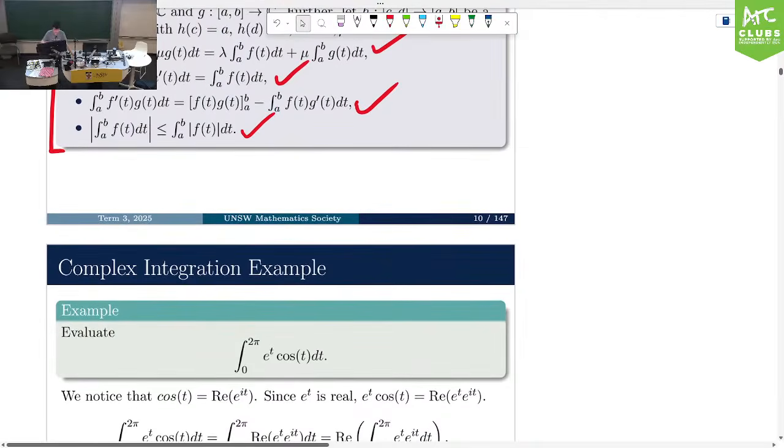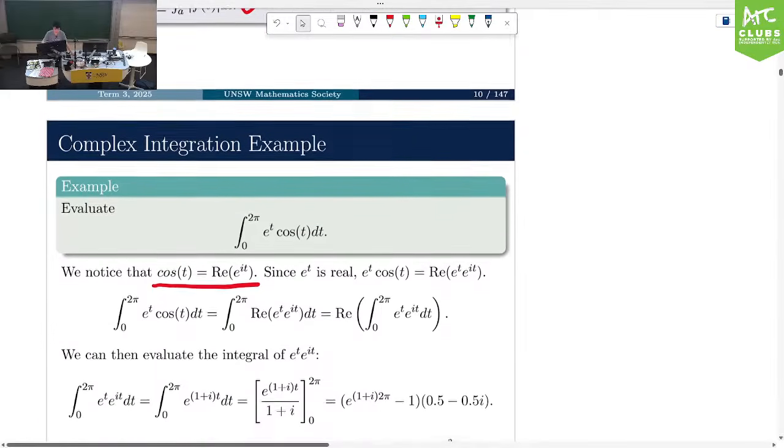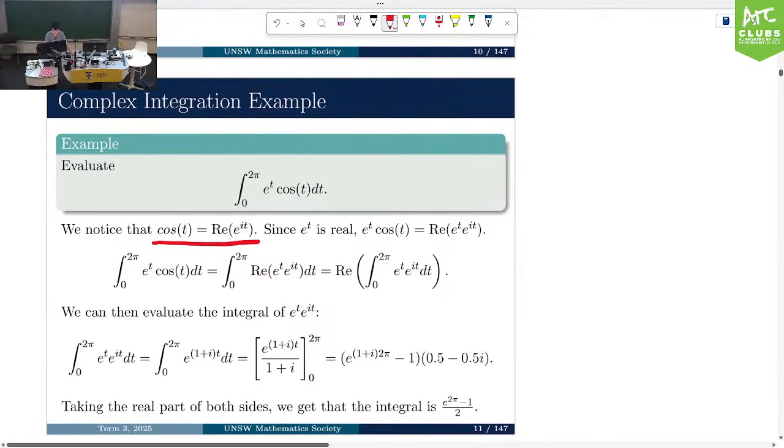So let's look at this example here. Integral from 0 to 2 pi of e to the power of t cos t dt. It might be tempting to do it by parts, because that's how we have been told in Math 1B and all of high school. But this question could be made much easier if you just consider cos t equals the real part of e to the power of it, as we have done here, and make it into this integral over here.